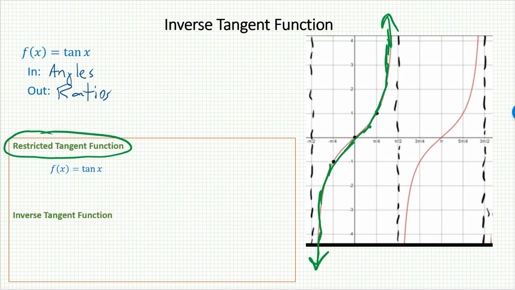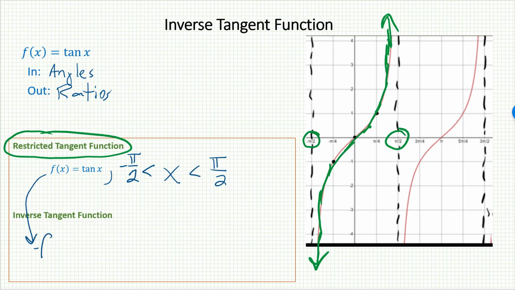The section that was chosen is the section between negative pi over 2 and pi over 2. So very similar to what was chosen for the sine function. I say similar because, of course, technically I can't include the ends. The tangent function is undefined at negative pi over 2 and pi over 2, but any angle in between those two values is part of the restricted tangent function.